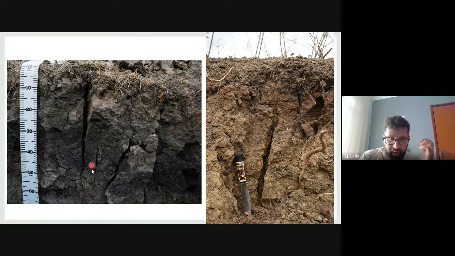So we see aggregates that present a wedge shape, formed by this kind of crack, which is more intense close to the surface than in the subsurface, because here we have higher temperatures and the crack formation is more intense.